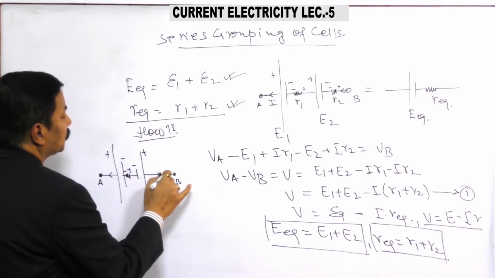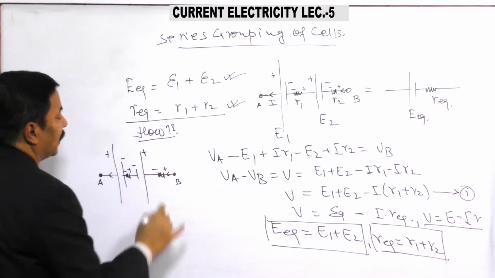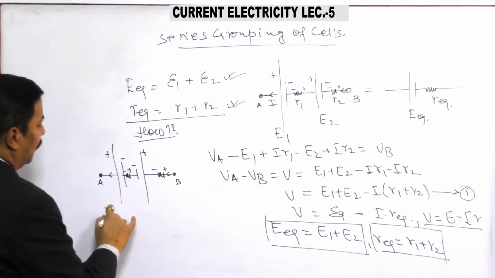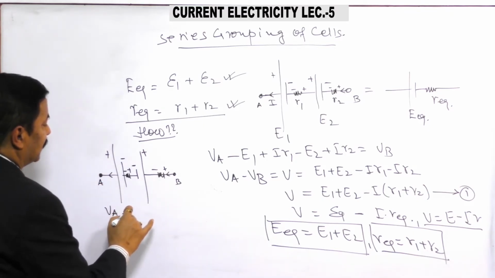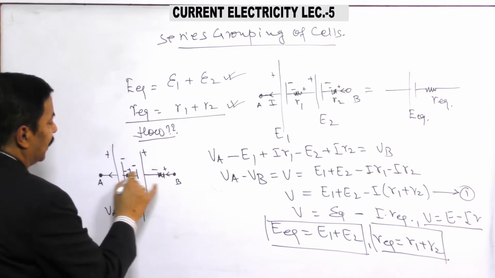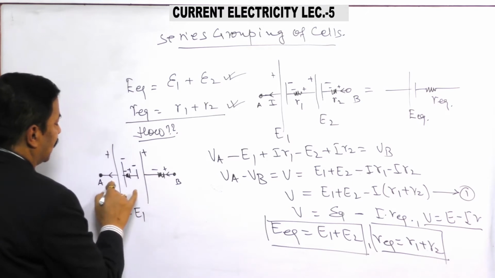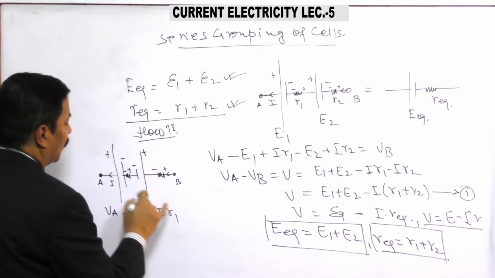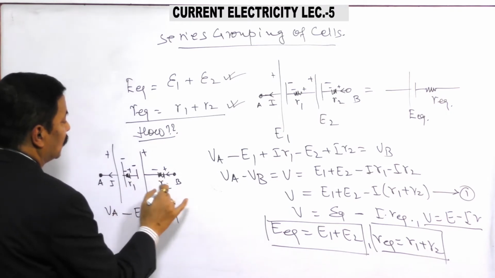So plus, minus. So what will we get here? We will get VA minus E1, since it is a decrease, then plus I R1, since it is an increase, with current I. This is R1, this is R2.